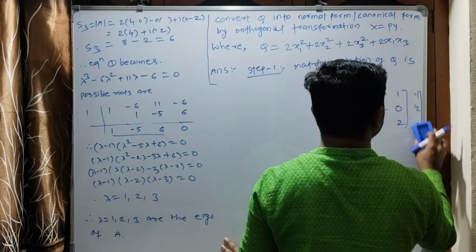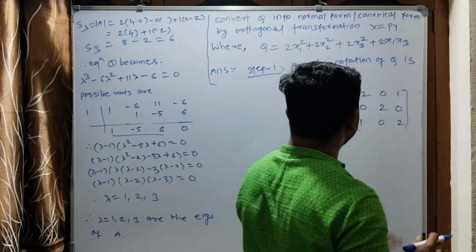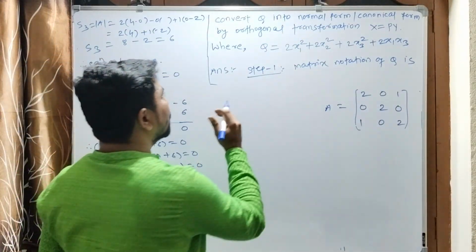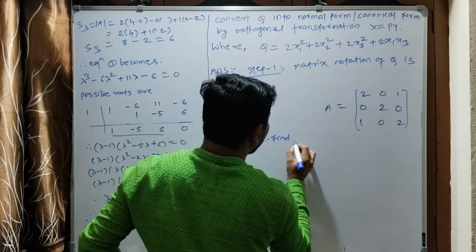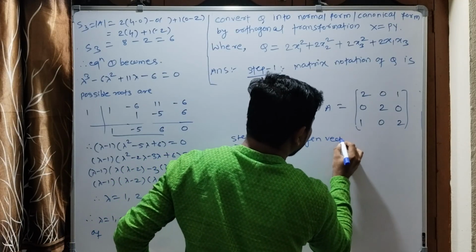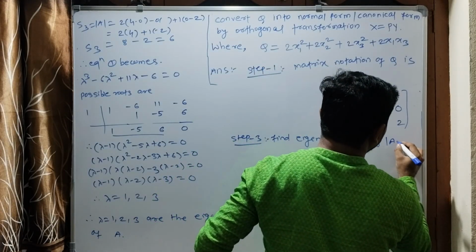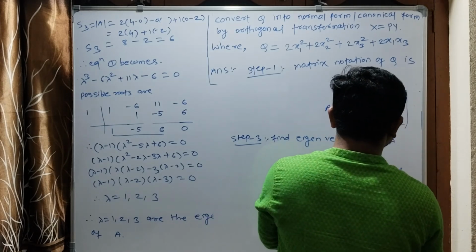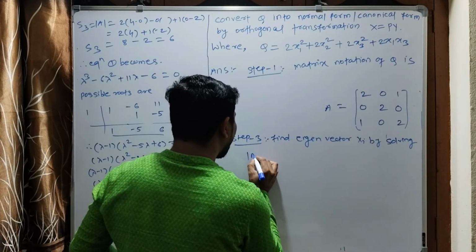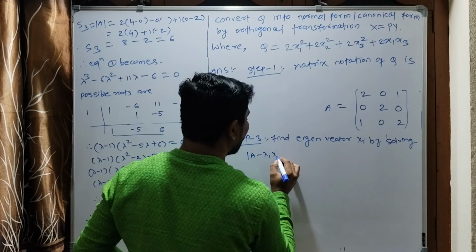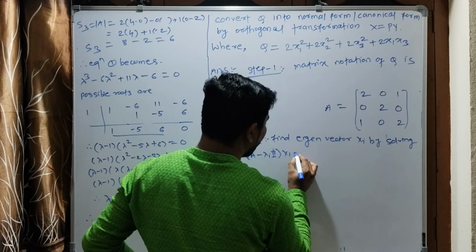Now let's say E equal to this, the matrix notation obtained from this quadratic form Q. Now step 3: find the eigenvector xi by solving determinant of A minus lambda I into xi equal to 0.